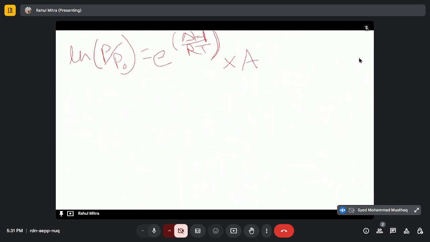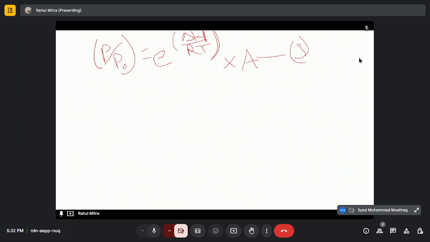Finally, the final equation is equation 3, which is ln P by P naught is equal to delta H by RT plus A. I shouldn't write ln here, because I have taken the exponential, so this ln will come out.